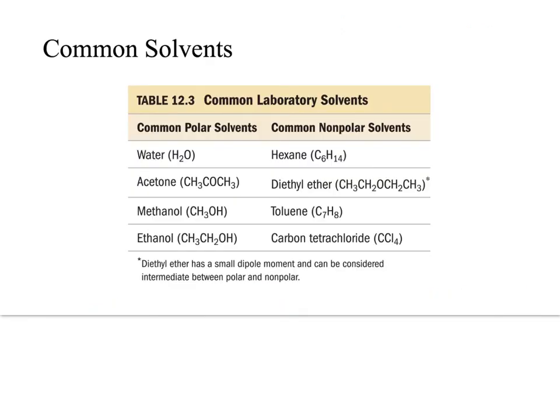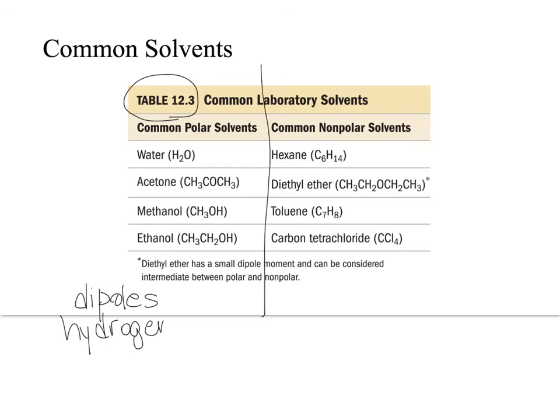Here's a chart that we'll refer to several times when we work problems, table 12.3, which shows polar solvents and nonpolar solvents. So we could just divide down them. This would include the polar solvents are going to be solutes that have dipoles, can make hydrogen bonds, or are ionic substances.